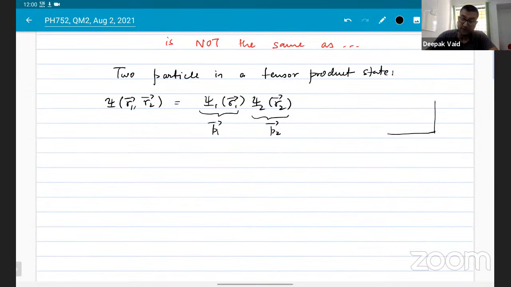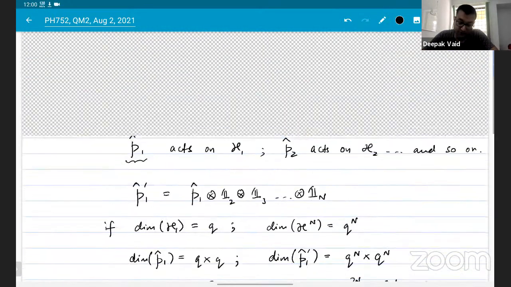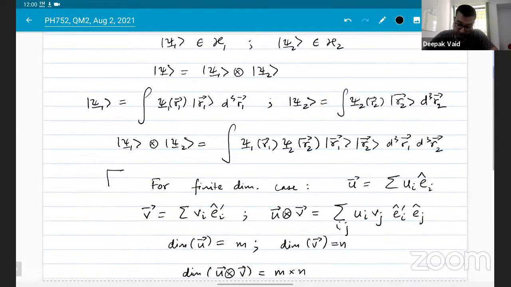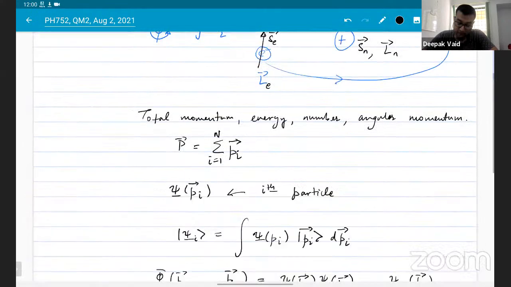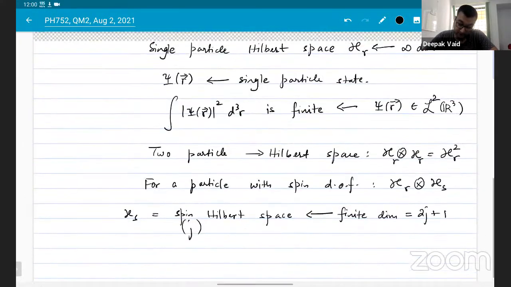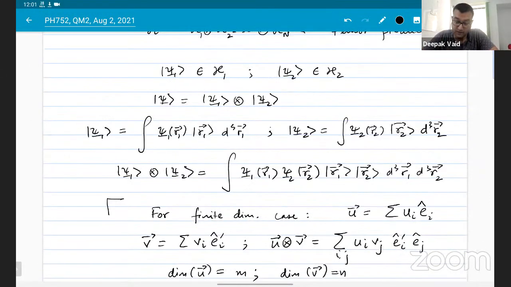All right. So now, by the way, it is in the process of doing all of this that we also run into the concept of bosons and fermions. I haven't mentioned it explicitly, but you consider what happens to the state of an n particle system when you switch any two particles.